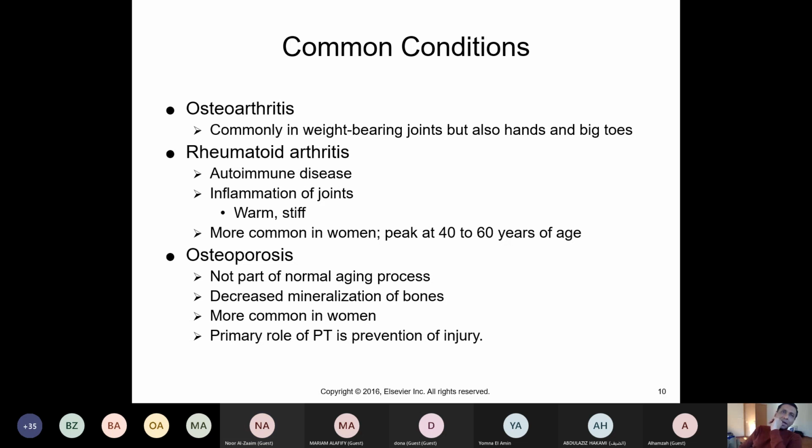Okay, good, very good. Exercise, sports. What else? Abdullah. Nuran, go ahead.